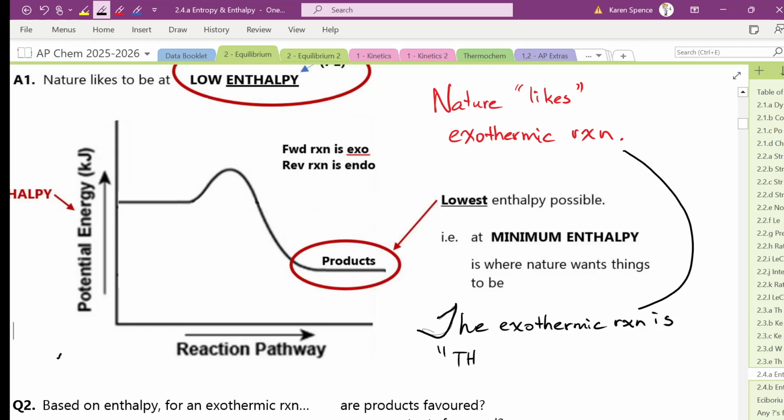Thermodynamically favored or thermodynamically unfavored is the language that AP prefers.